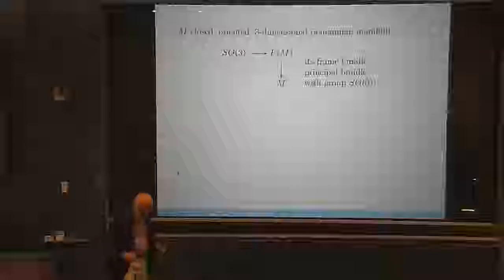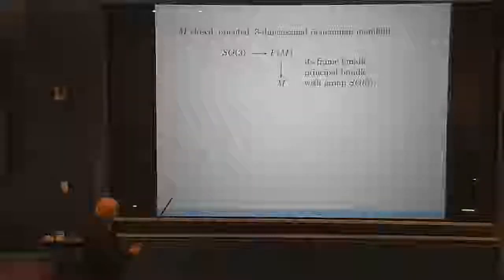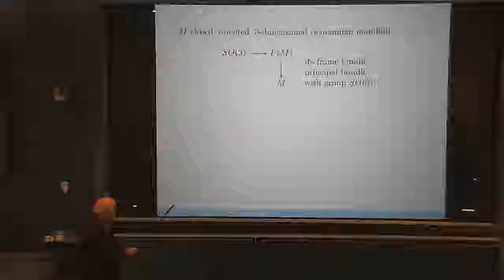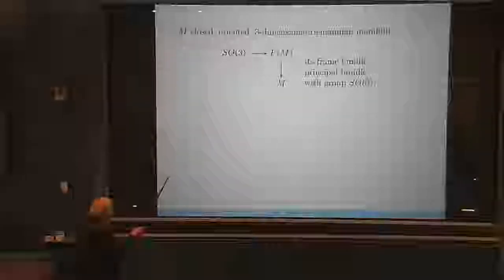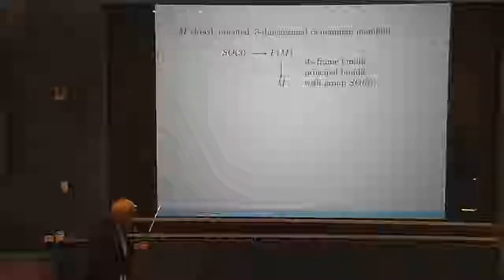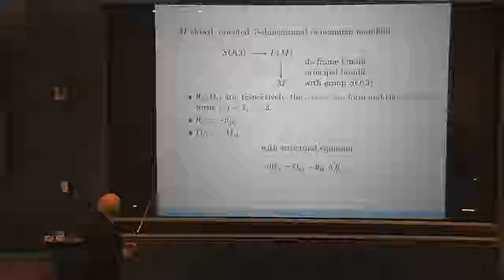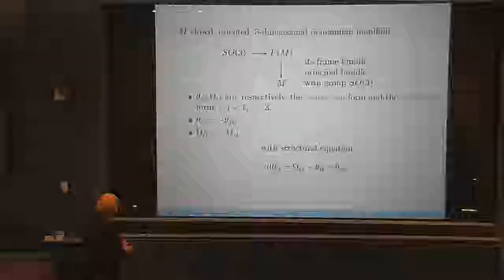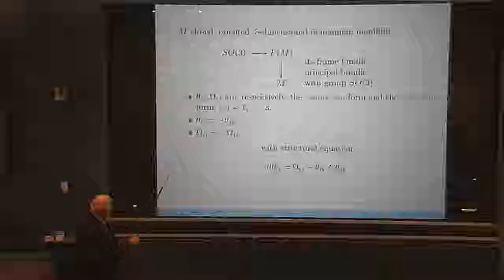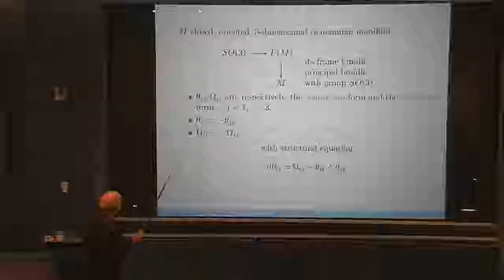So here's now, M is a closed oriented three-dimensional manifold. This is its frame bundle, oriented frame bundle with fiber SO3. And so theta ij and omega ij are the connection form and the curvature form.